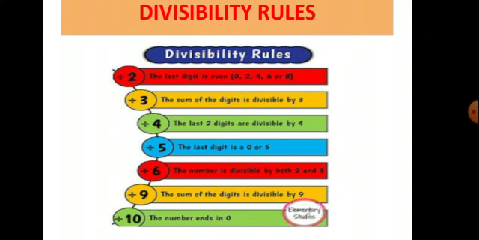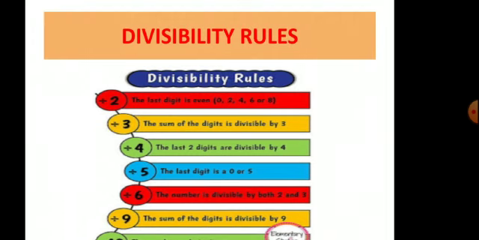If the sum of the digits is divisible by 3, the number is divisible by 3, and if the sum of the digits is divisible by 9, the number is divisible by 9. The number is divisible by 10 if the number ends in 0. Ends in 0 means again 0 in one's place, so the number will be divisible by 10.